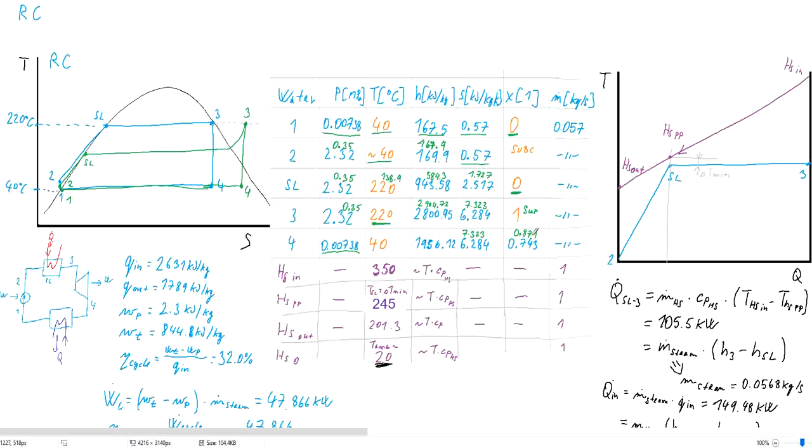So already significantly better. This could be already handled by a turbine, and the enthalpy will be 2281.63 kilojoules per kilogram, and since we are in the wet steam, the temperature remains the same.